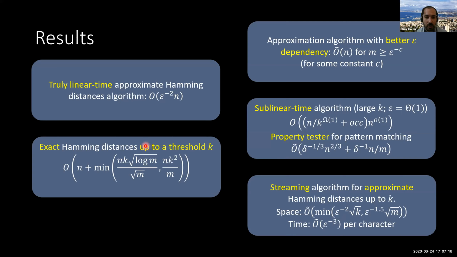For the Hamming distance up to k, there is a conditional lower bound, which was already there for the previous result by Gorbachevsky and Uznanski, but we shave just logs, so it's still okay with the lower bound.